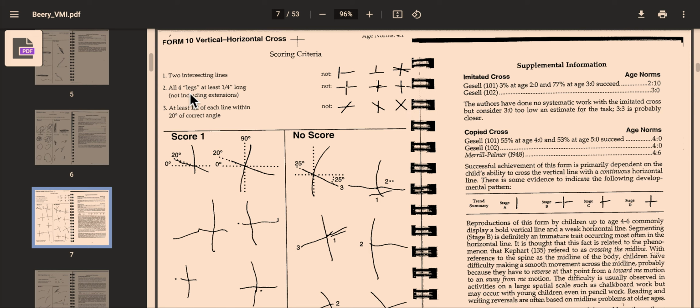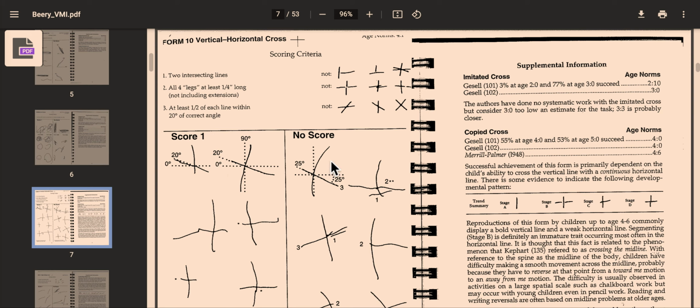Does it have four legs that are at least 1/4 inch long? At least half of each line within the 20 degrees of the correct angle. Here it gives you an example of it should be 0 degrees by 90 degrees. Are they within 20 degrees of that?